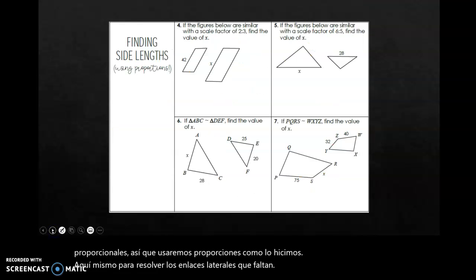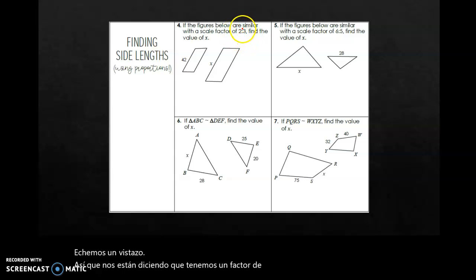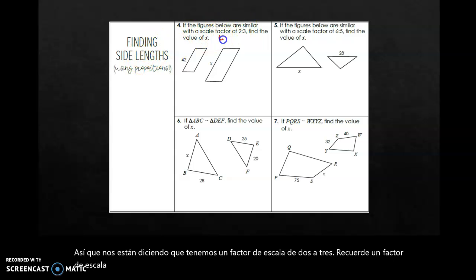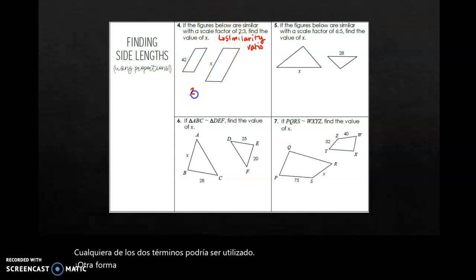Let's take a look at what that's going to be like. They're telling us that we have a scale factor of 2 to 3. Remember, a scale factor or a similarity ratio, either term could be used, is another way of writing a fraction. So that's our first fraction.